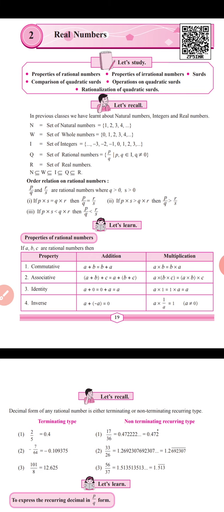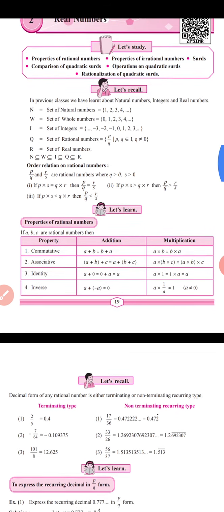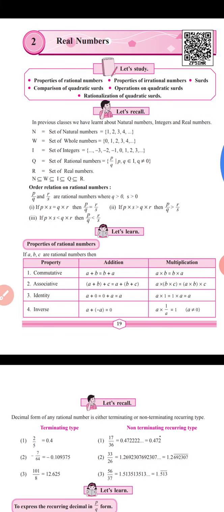Now the first property: if p into s, that is the numerator of first and denominator of second, is equal to q into r, that is denominator of first into numerator of second, then p upon q is equal to r upon s.